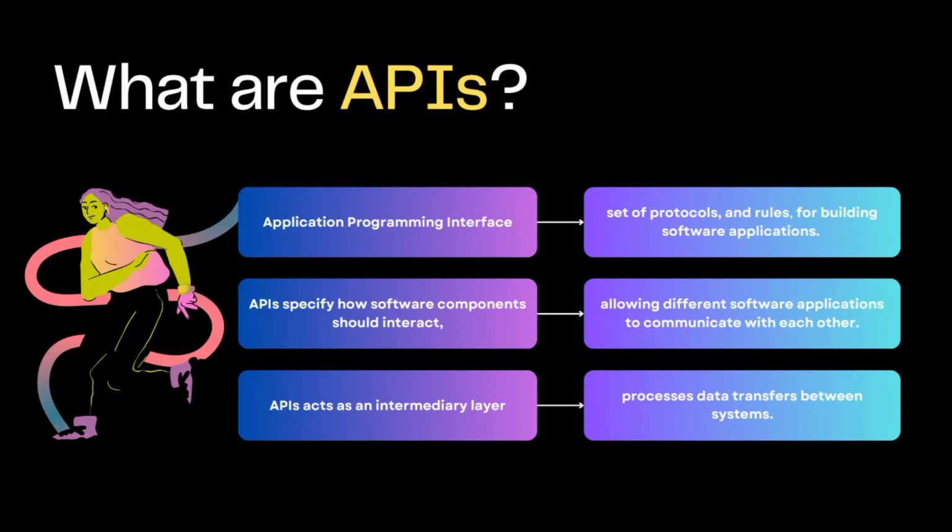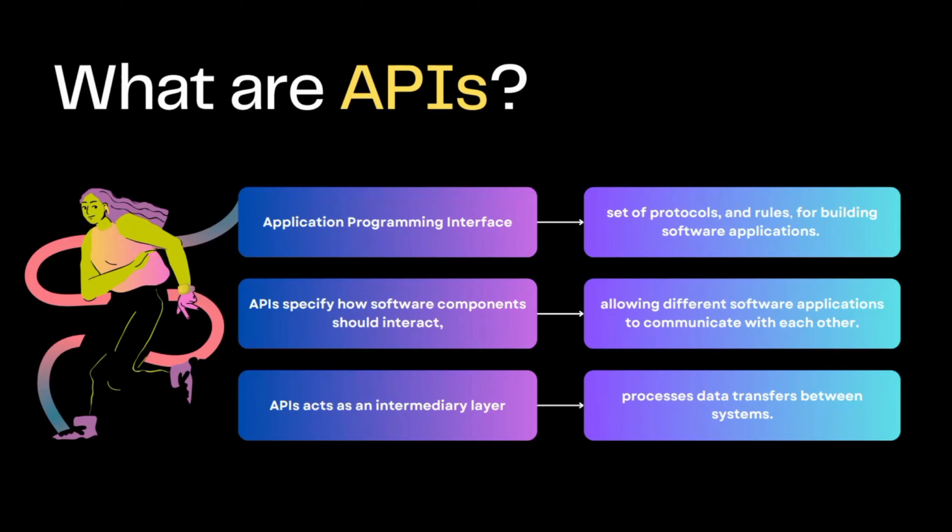This will enable developers to build new applications on top of existing software infrastructures without having to start from scratch each time. And we can even say that an API acts as an intermediary layer, or you can say it acts as a mediator or a messenger which processes data transfers between systems.